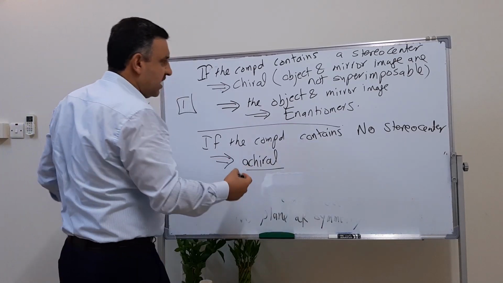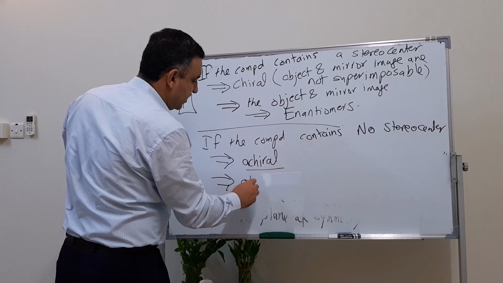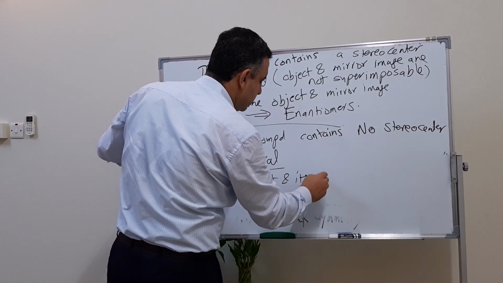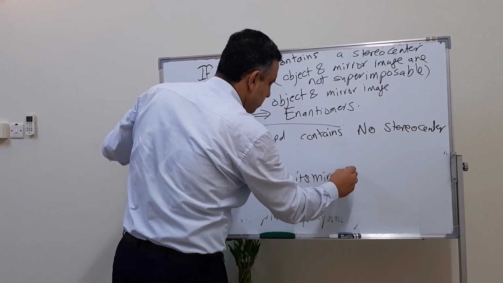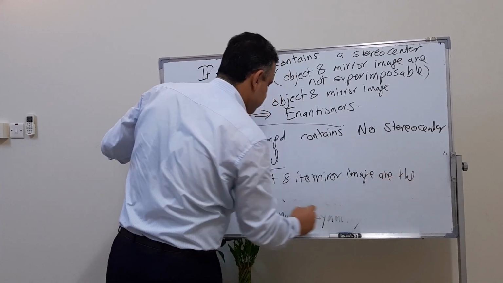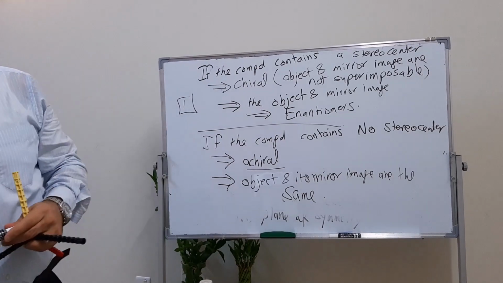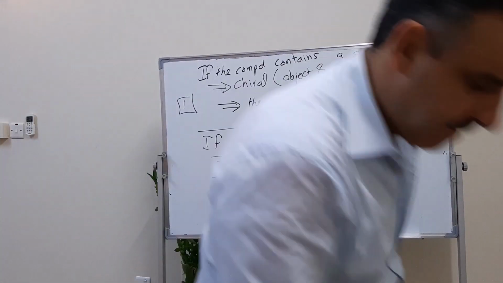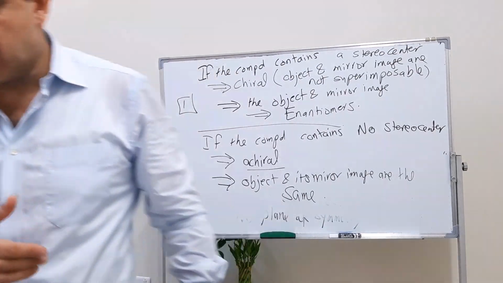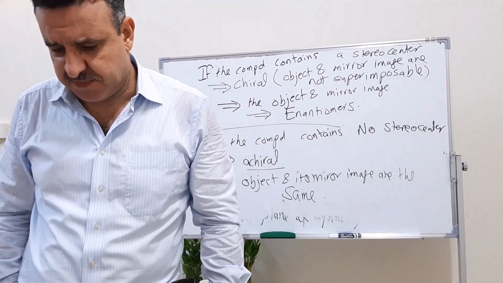So it is achiral, which means in this case the object and its mirror image are the same. Again, I will just use the models for the time being, and then after that I'll make the drawings on the board. You follow me?